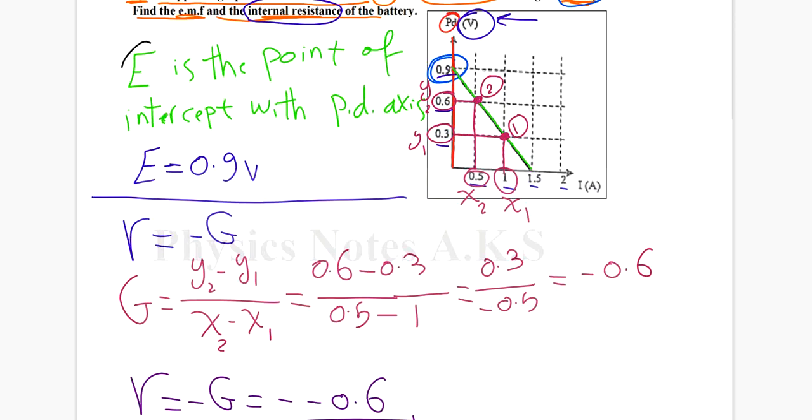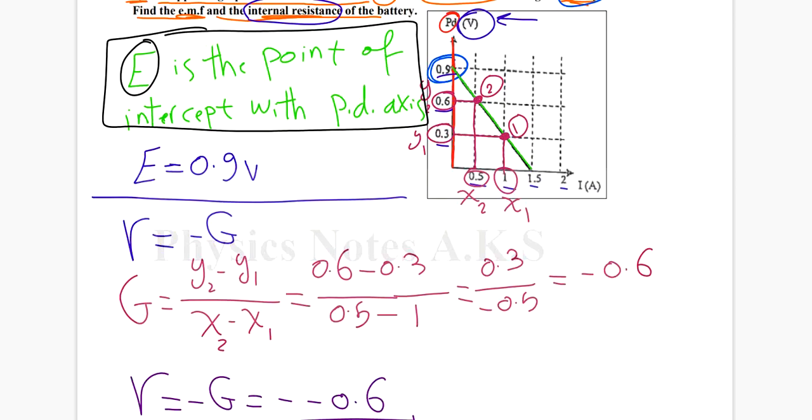So if you want the electromotive force, always remember the electromotive force is the point of intercept with the potential difference or the voltage axis, either on the X or on the Y. This is if the variation drawn is in a battery. This is note 1.